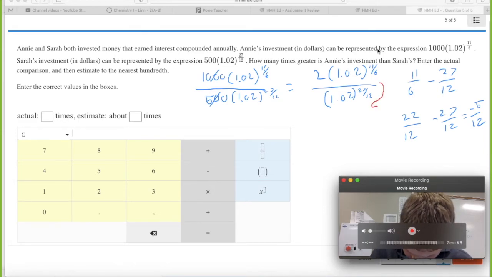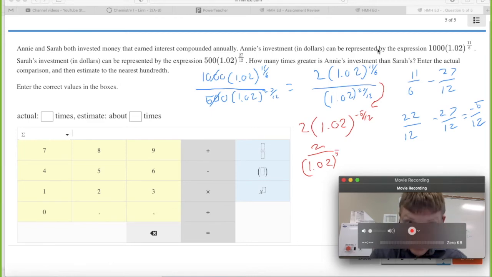So we're going to have 2 times 1.02, I'm sorry, raised to the power of negative 5 over 12, which is also equal to 2 over 1.02 to the power of 5 over 12.